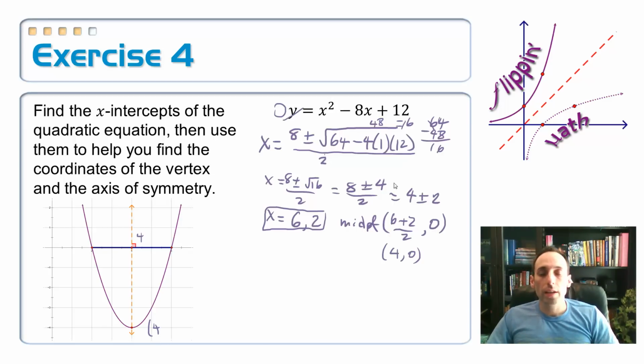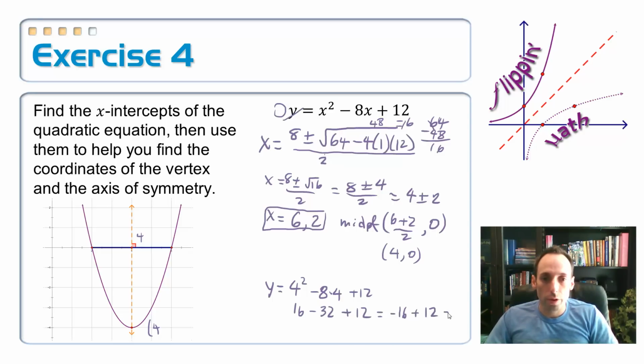Well, I'm just going to put it back into the equation to find the y coordinate. y is equal to 4 squared minus 8 times 4 plus 12. So I've got 16 minus 32 plus 12. 16 minus 32 is negative 16, plus 12 is negative 4. So my vertex point is 4, negative 4.